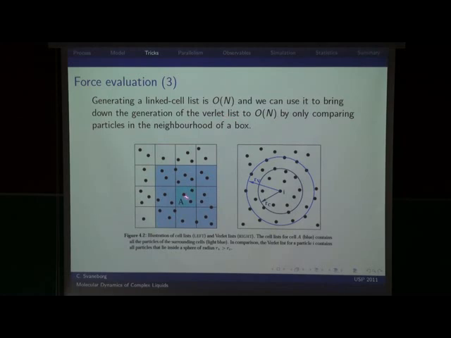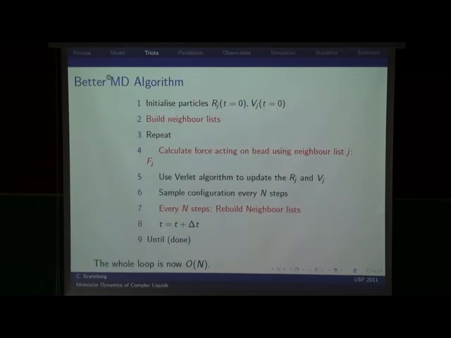Now we know that if we have, for instance, particle A here, and we want to calculate all the neighboring beads inside the Verlet cutoff distance, we can start out looking only in the neighboring boxes, because we know if something is in a box far away, it will be outside the Verlet cutoff. By applying both a linked cell list and a Verlet list, we can get down to O of n, which means that the force evaluation will be linear in the number of particles.